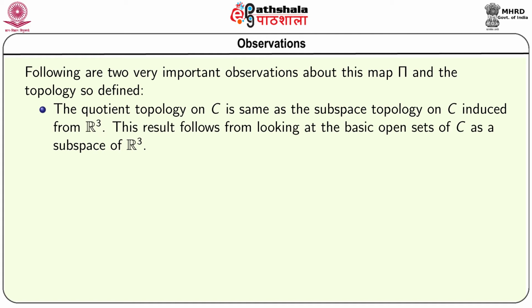We know that the basic open sets of R3 are the open balls, and when they intersect with the space C, they give back the open sets of C, rather the basic open sets of C. So, the basic open sets in this case, when C is a cylinder, will be the open disks drawn on the surface of the cylinder.